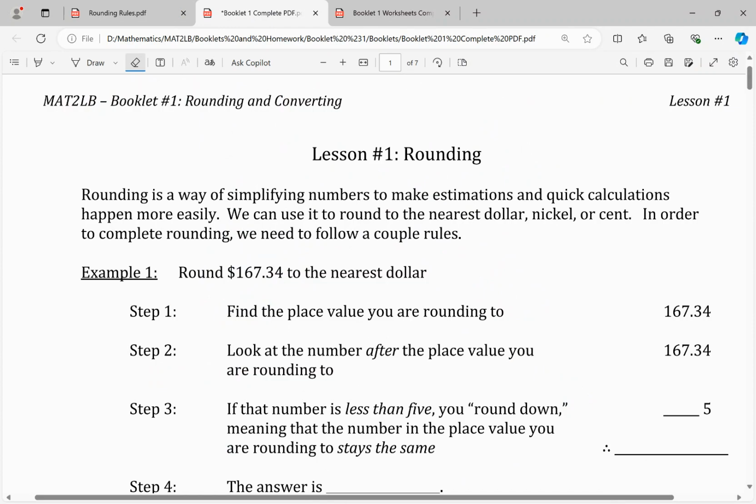So let's get started. Now, when I give you a number that is perhaps a little bit more complicated than it needs to be, sometimes we round to make our life easier.